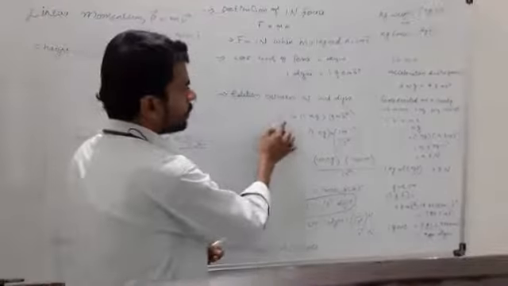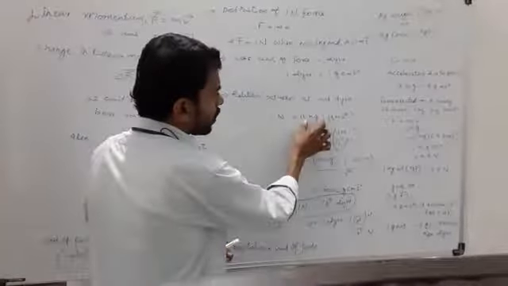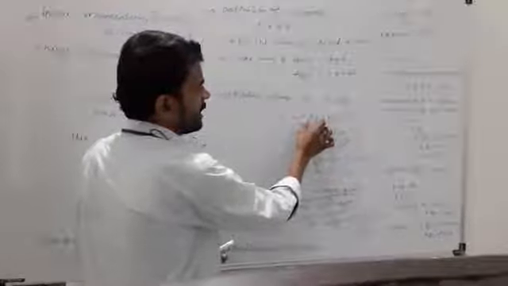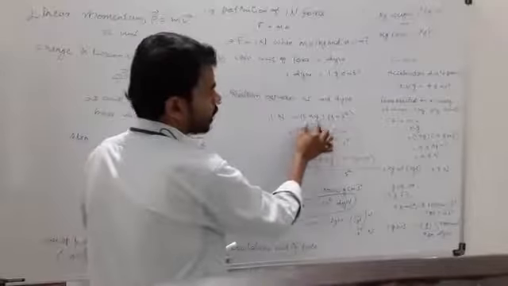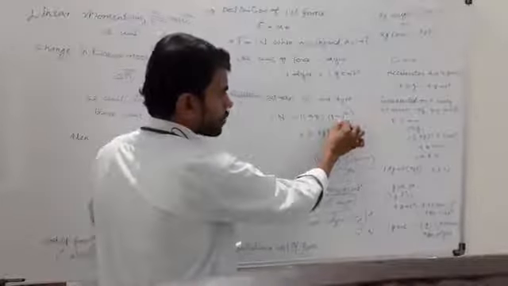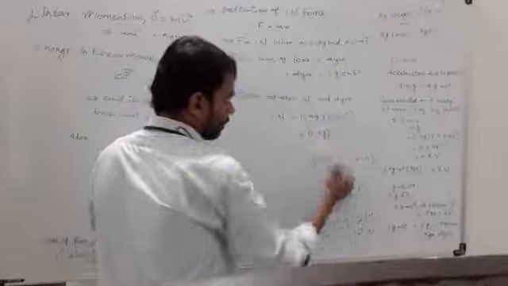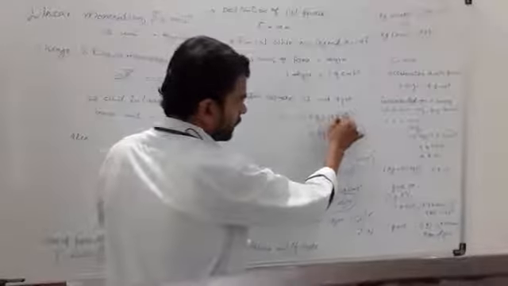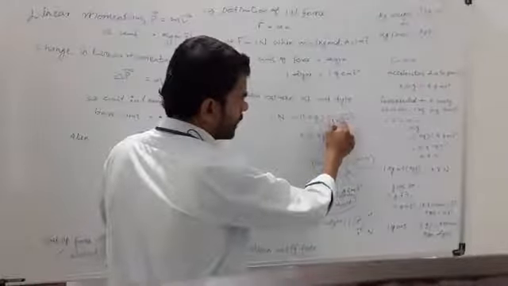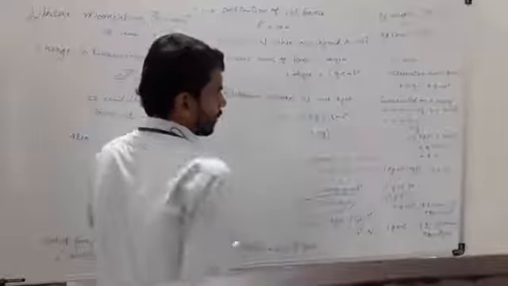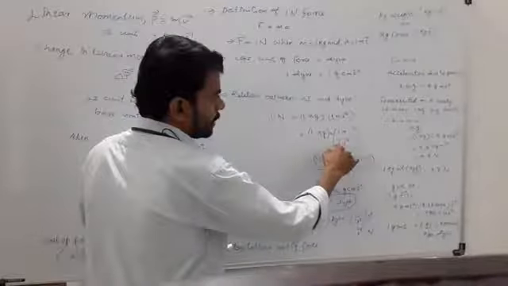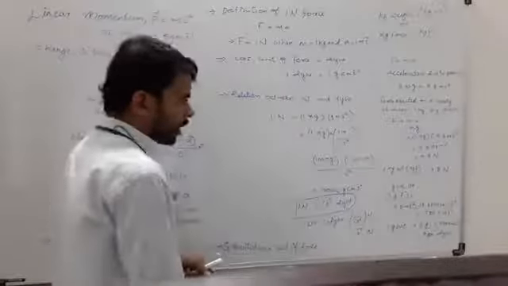So 1 Newton is equal to 1 kilogram into 1 meter per second square. M is 1 kilogram, A is also 1 meter per second square, meaning 1 meter divided by 1 second square. So 1 kilogram into 1 meter divided by 1 second square.